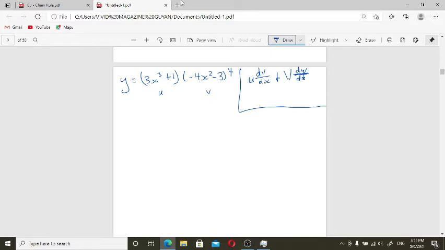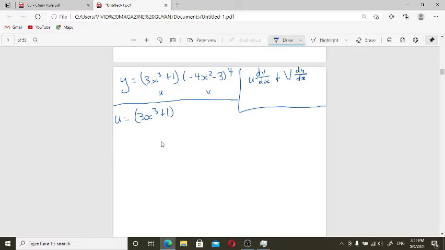That's a very bad habit I have, I switch whenever I am doing that. Yeah, du dx. You should have that at the back of your mind. So what I do is I will take everything apart and then put it together. So u is equal to 3x cubed plus 1, right?